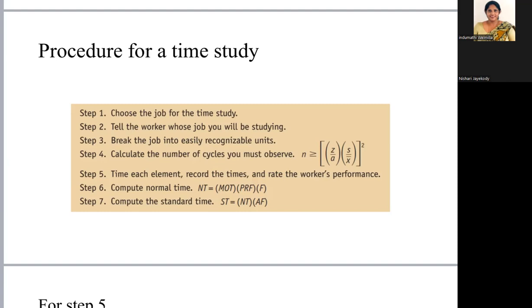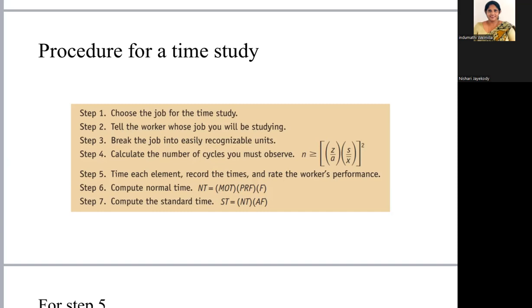Another thing is that a performance rating is an attempt to counterbalance any unusual patterns noted in the worker's performance. For any element in which the worker performs below average, the worker may need additional training to improve efficiency.